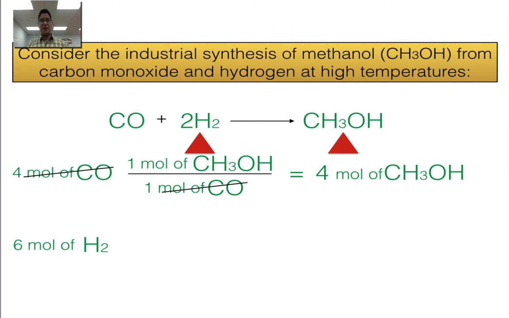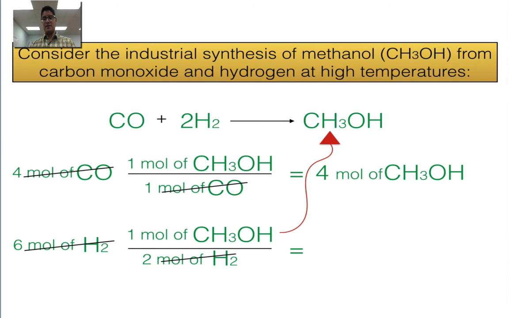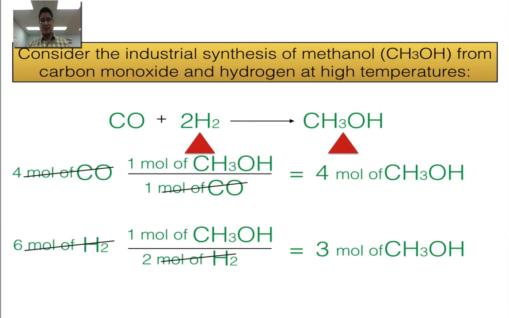Now I need to find out how many moles are created with 6 moles of hydrogen gas. The relationship of hydrogen gas to methanol is a 2-to-1 ratio. For every 2 moles of hydrogen gas, I produce 1 mole of methanol. Again, I want hydrogen gas in my denominator position because that's the unit I want to get rid of, and I want the unit of methanol. The moles of hydrogen gas cancel out, giving me 3 moles of methanol.